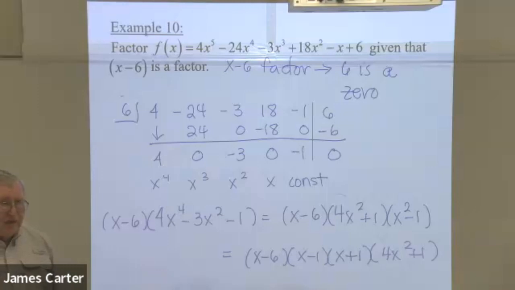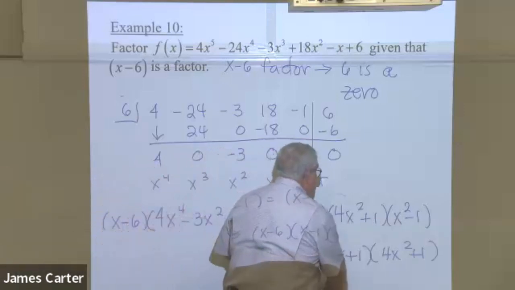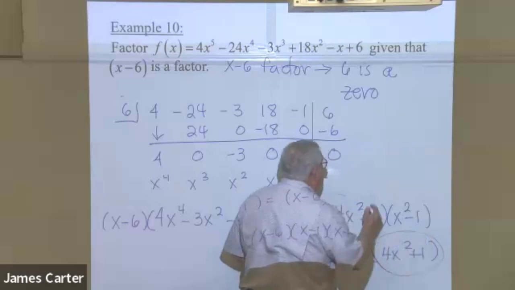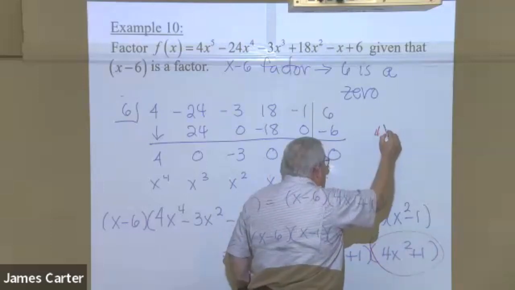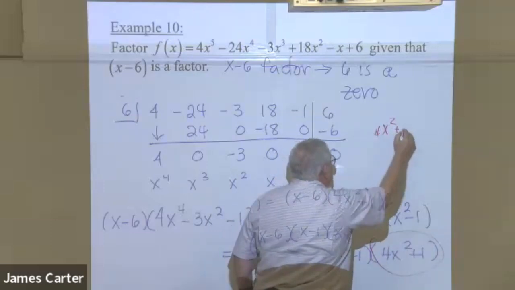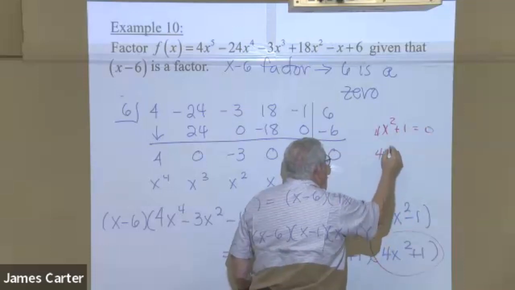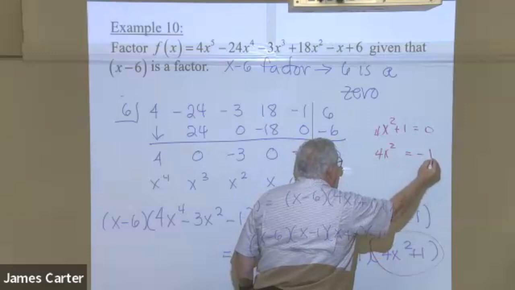It's imaginary, but we can get a solution from it. How do we get the solution from this? We use the 0, our property of square roots, to do it. So what we would do for this piece right here is we would say 4x squared plus 1 equals 0. 4x squared equals -1.